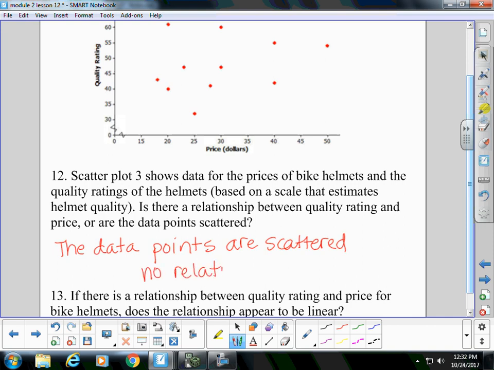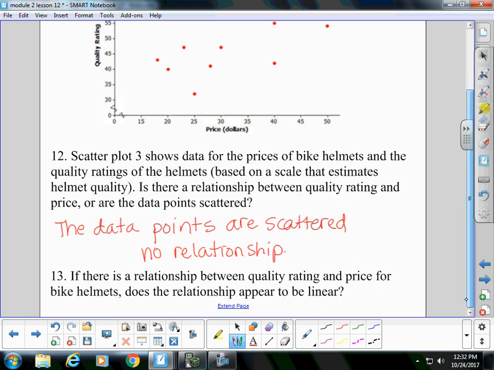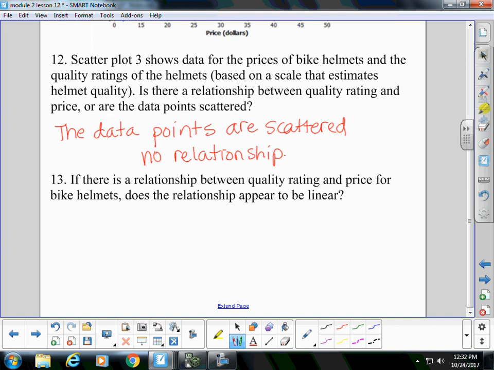That means that there's no relationship. It says if there is a relationship, does it appear to be linear? Since there isn't one, we cannot answer this question.